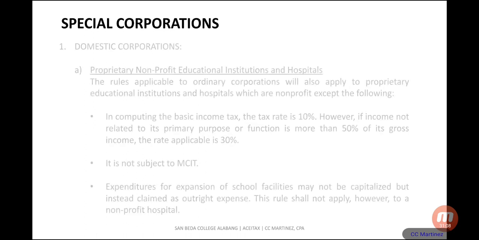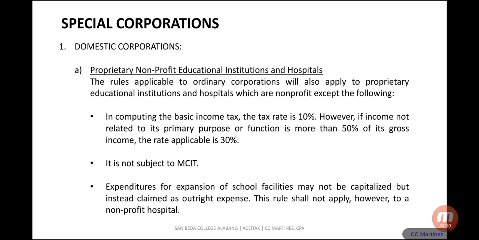Punta na tayo sa special corporation. So, hindi na rin ako masyado magdi-deal dito kasi very technical na din siya. So, for domestic corporation, we have proprietary non-profit education institution and hospitals. Again, itong mga special corporations na to, ito yung mga corporations na hindi applicable sa kanila yung diniscuss natin na 30% RCIT, 2% MCIT, and gross income tax.